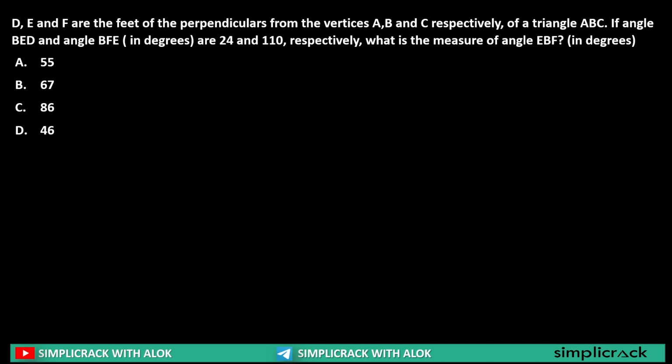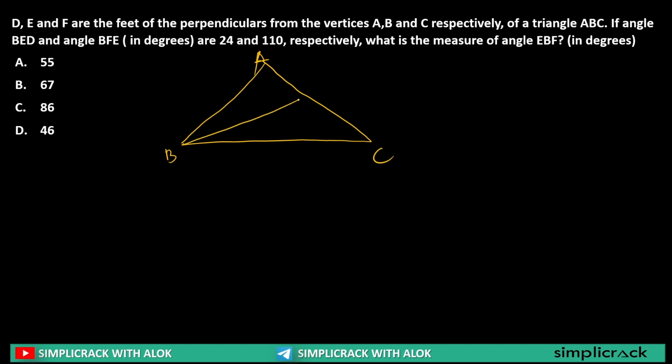Now if D, E, F are the feet of the perpendiculars from the vertices of a triangle ABC respectively. Now this is the triangle, A, B, C. Clear? Now what is it saying? That the perpendiculars are these.